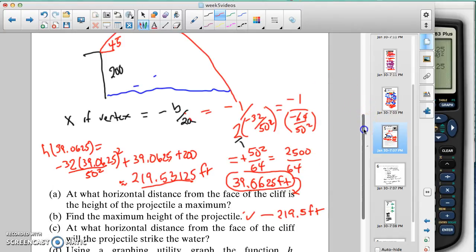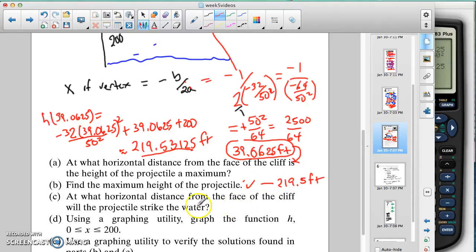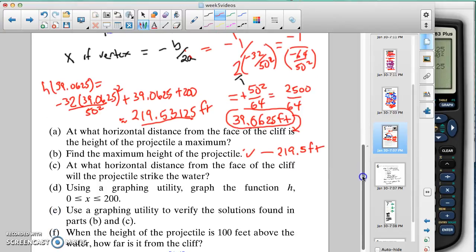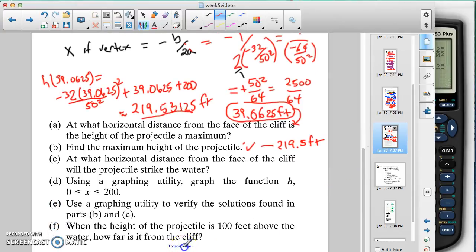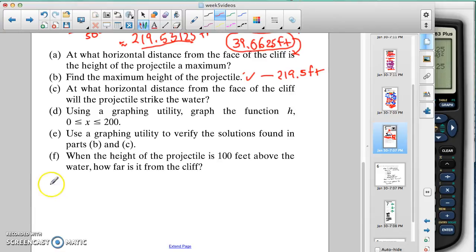All right, the next question was, when did it strike the water? What horizontal distance from the face of the cliff will a projectile strike the water? So we're looking at when this function up here is going to be equal to 0. So part C here is we're going to take 0 and set that equal to the thing. This is part C. Striking the water would be a height of 0 for some x value.